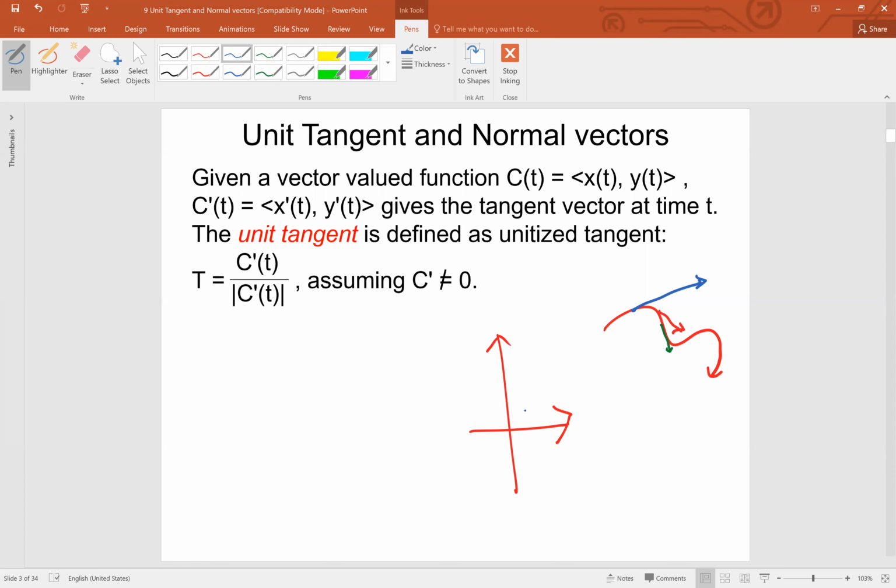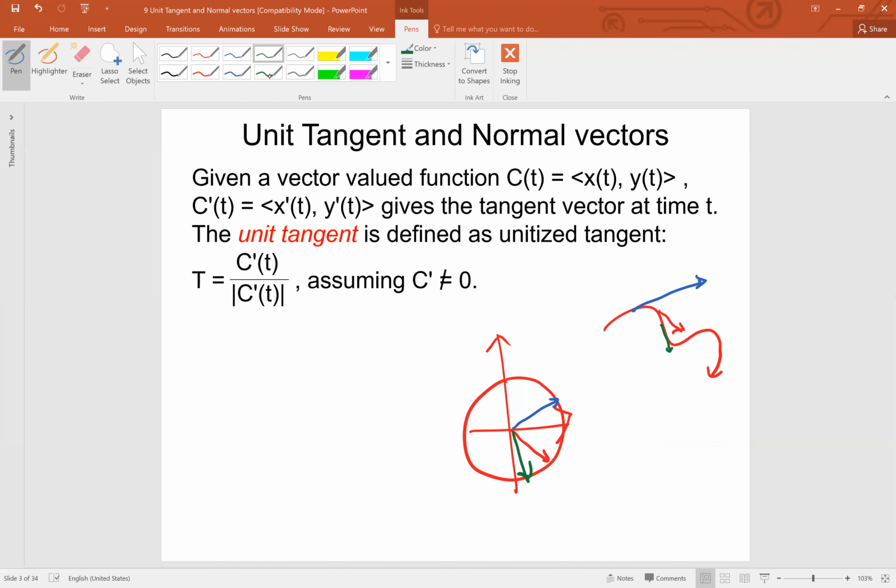So what I do is I unitize them, and of course in the standard notation, these vectors will be, for the blue one, this one on the unit vectors, and for the red one it will be pointing down that way, for the green one pointing down that way.